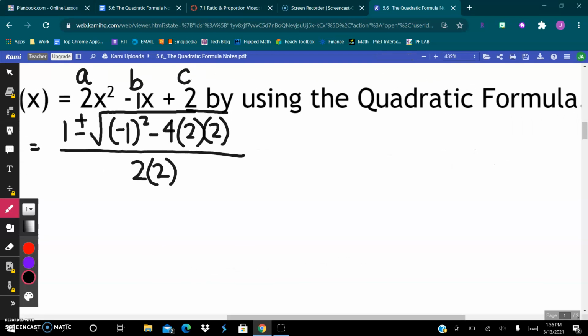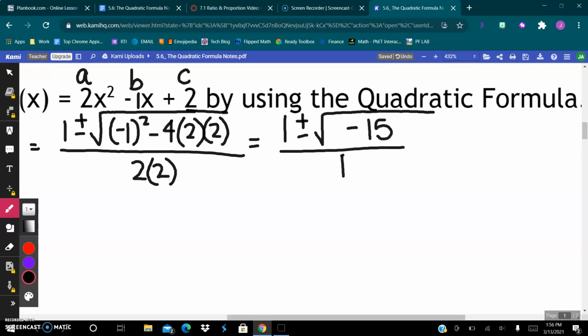So if I simplify this down, I have 1 plus or minus. Negative 1 squared would be 1. And 4 times 2 times 2 would be 16. So I have 1 minus 16, which would be negative 15, all over 4. We learned last week what we can do when we have a negative under the radical.